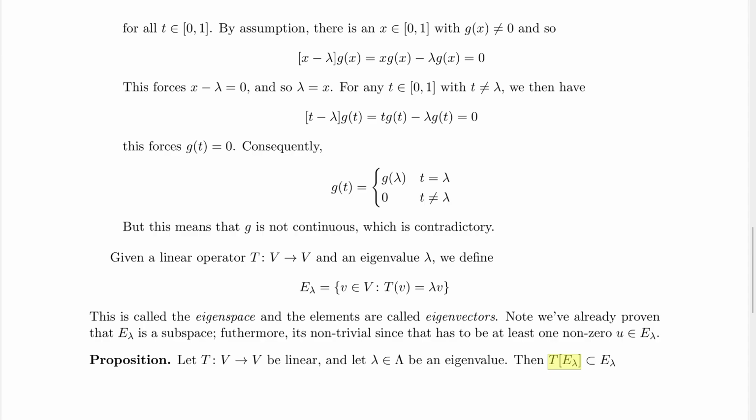So let's go ahead and pick an element y that lives in the image of the eigenspace. All right, well then y has to be T of v for some v in the eigenspace. Now I want y to be in the eigenspace.